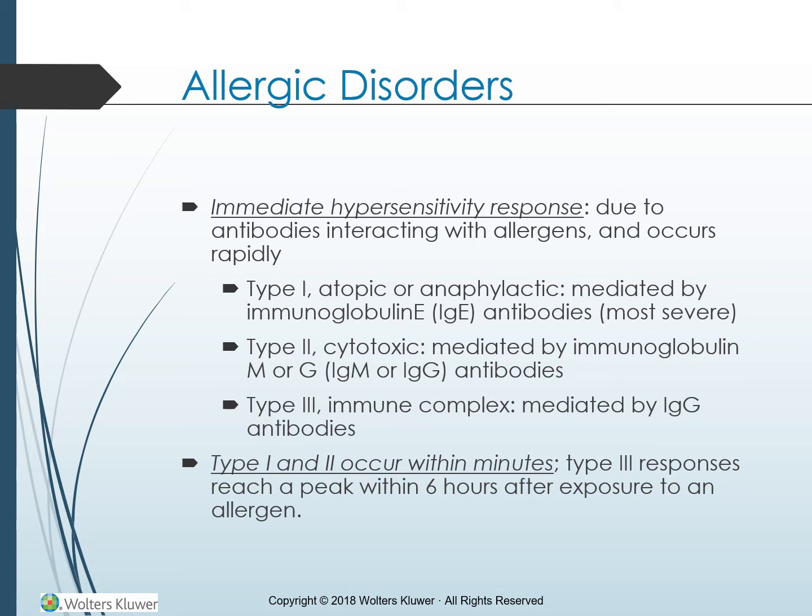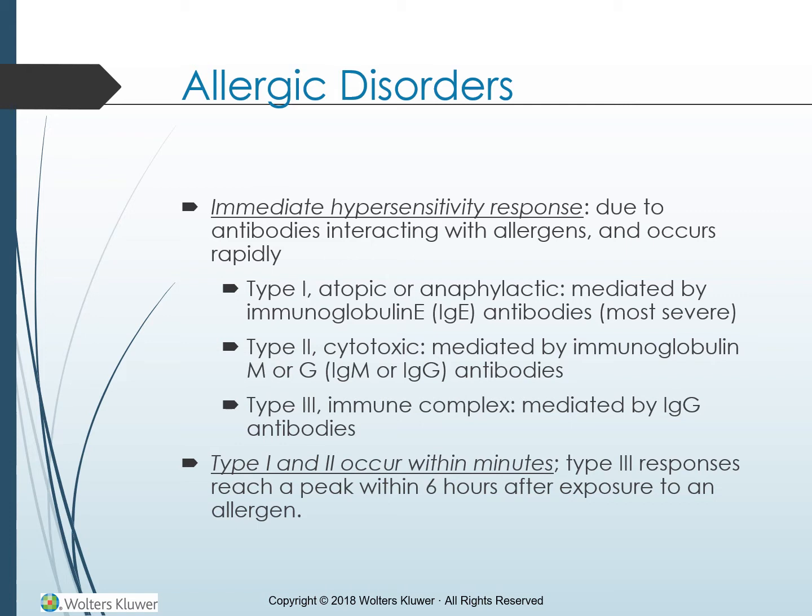Type 2, cytotoxic, which is mediated by immunoglobulin M or G, IgM or IgG antibodies. And type 3, immune complex, which is mediated by IgG antibodies. The first 2 types of responses occur within minutes. Type 3 responses reach a peak within 6 hours after exposure to an allergen.